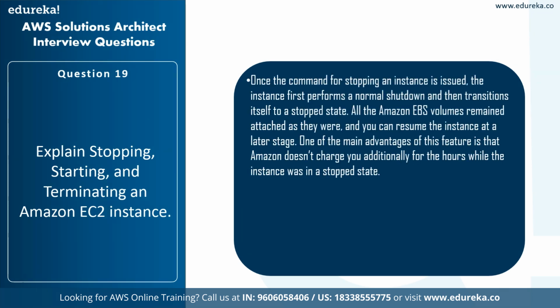Once the command for stopping an instance is used, the instance first performs a normal shutdown and then transitions itself to a stopped state. All the Amazon EBS volumes remain attached as they were, and you can resume the instance at a later stage. One of the main advantages of this feature is that Amazon does not charge you additionally for the hours while the instance was in a stopped state.